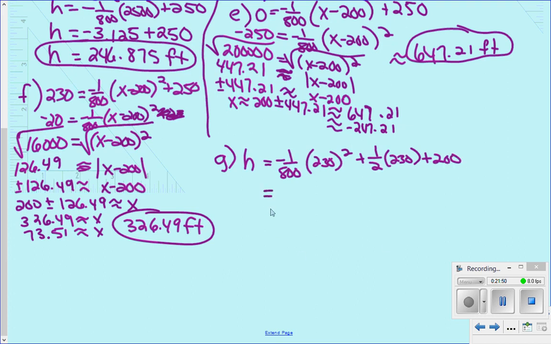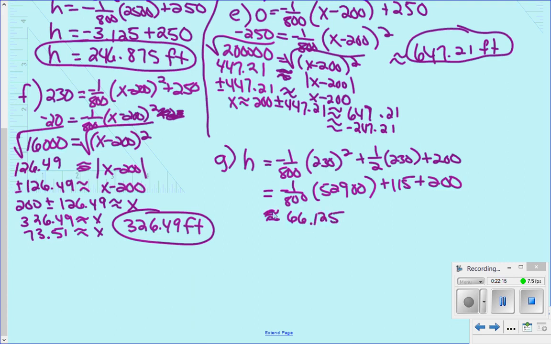So when I do that, I'm getting negative 1/800 times 52,900, which is 230 squared, plus 115, which is half of 230, plus 200. So when I simplify that further, I'm getting 66.125.